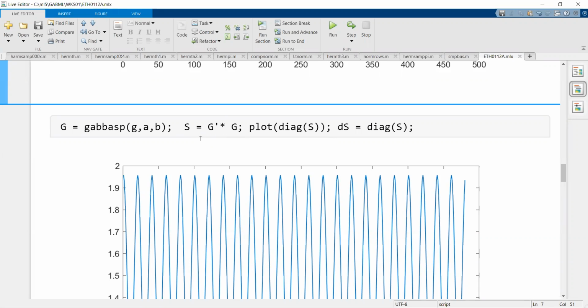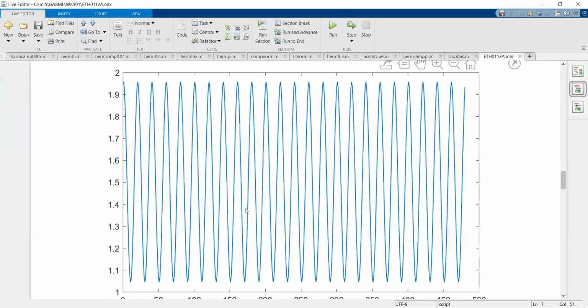But first we look at the diagonal. So the diagonal is just pulled out of this matrix by the diagonal command, and you see here. And that was kind of what I was finding quite important for the last 20 years. We were just implementing things in order to see what's going on.